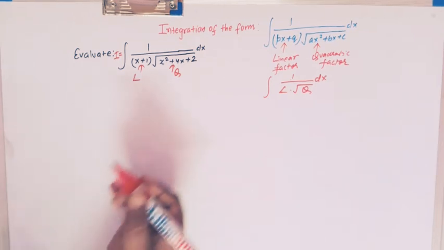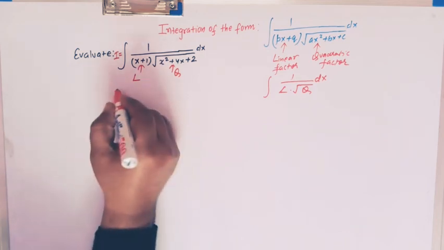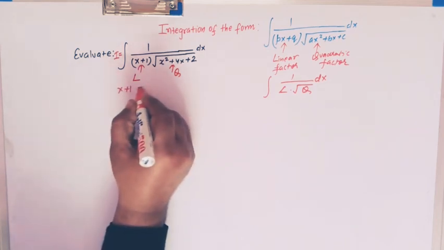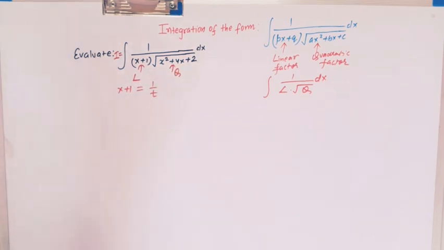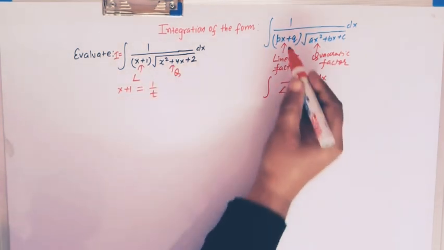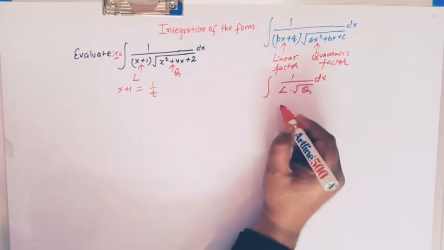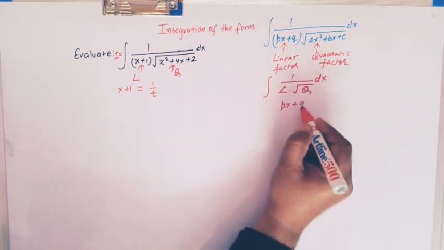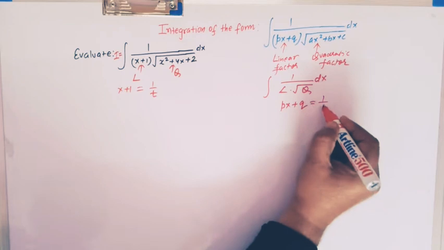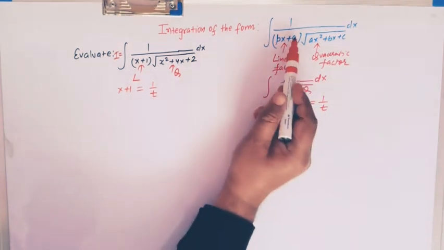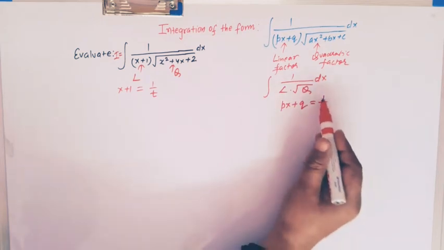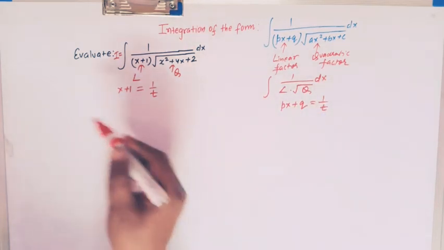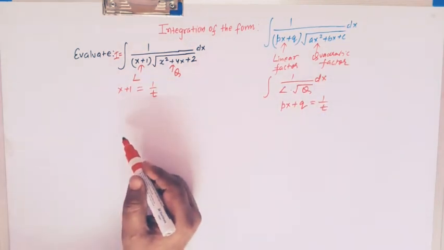So let us take x plus 1 is equal to 1 over t. What we will do here is take the linear factor, px plus q, equal to 1 over t. So whatever the linear factor is, we have to assume it as 1 over t. So we are changing the variable x to t.